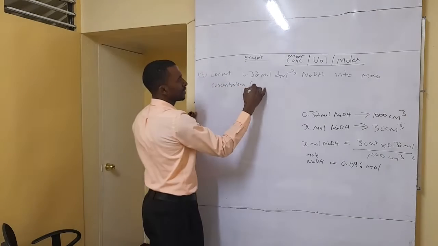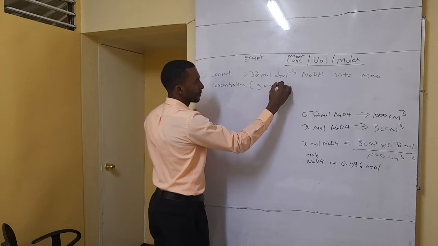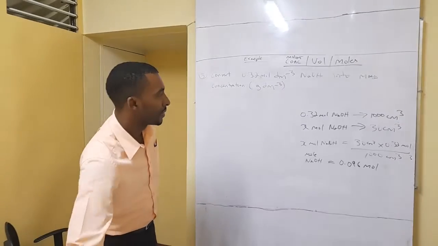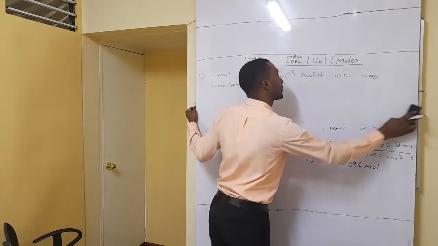Remember that mass concentration is grams per dm cube. So instead of moles per dm cube, we want that in grams per dm cube.